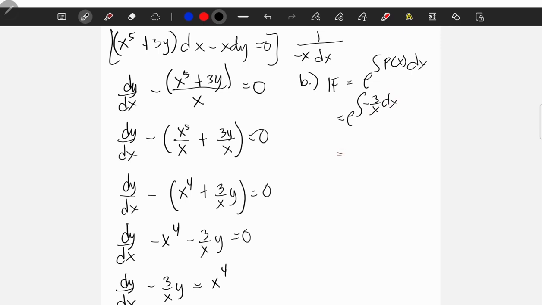The integral of negative 3 over x dx is negative 3 ln x. Then, using the properties of logarithms, negative 3 becomes the power of x. So, e to the ln x to the negative 3. e and ln cancel out, so we have x to the negative 3 for the integrating factor.